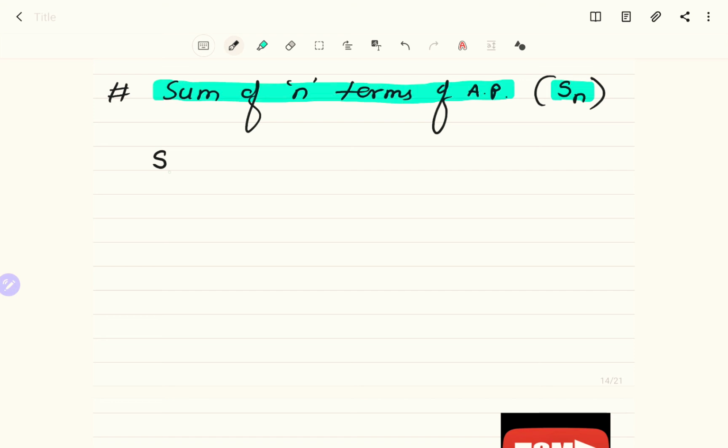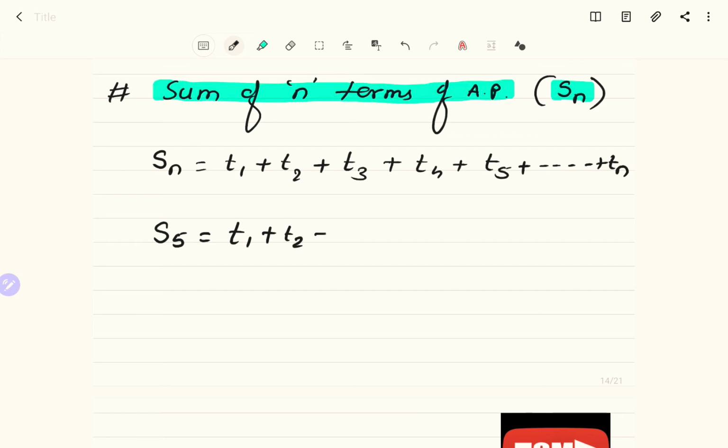Finding sum of n terms means simply you have to add all the terms up to n from the beginning, right? So it is all about adding all the terms of arithmetic progression right from the start up to the nth term. If I say S5, that indicates you have to add the first 5 terms of arithmetic progression.